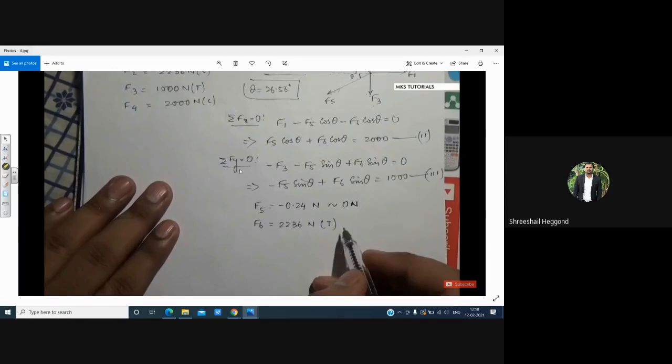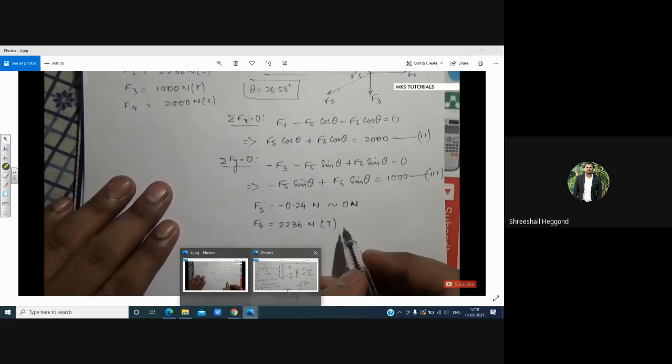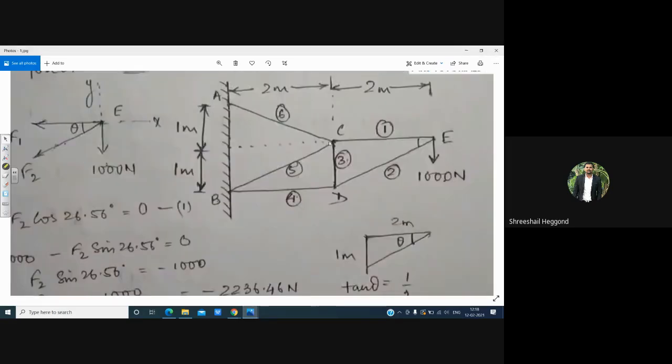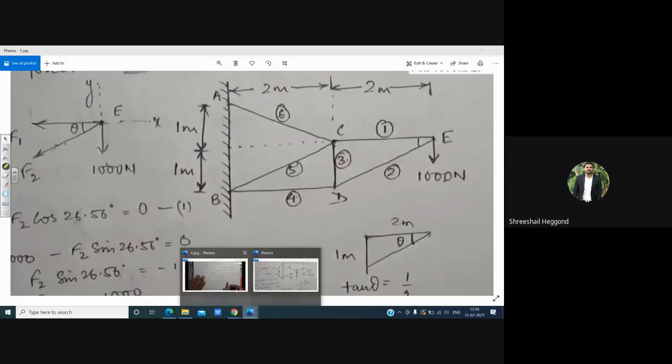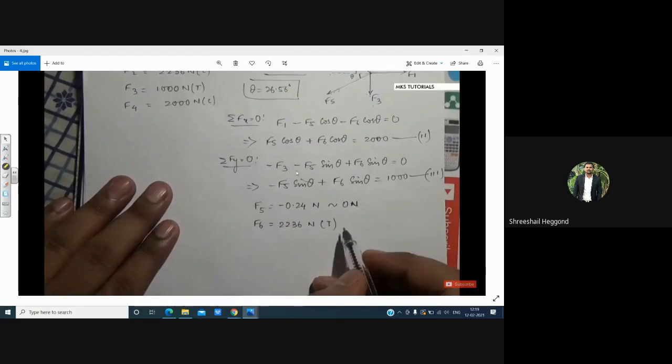Then write summation of Fy is equal to 0. From the figure, considering C joint, summation of Fy: F3 is negative because it is downward. And F6 is upward, that is a positive value. And these two depend upon our previous conditions. We can rewrite the expression as minus F3 minus F5 sin theta plus F6 sin theta.